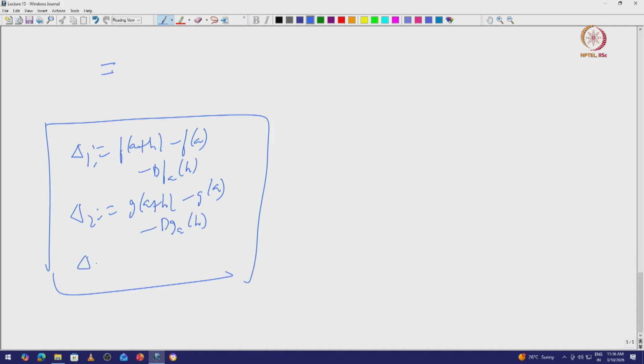Now, delta one divided by h goes to 0 as h goes to 0. Again, these are vectors. Once again, I'm being rather cavalier here, but it's understood from the context. Okay, so coming back to this, you simply write the linear approximation, but keep track of the error. There's nothing more mysterious than that.